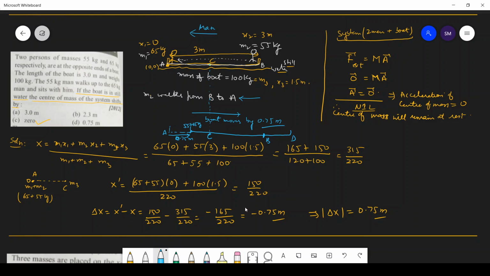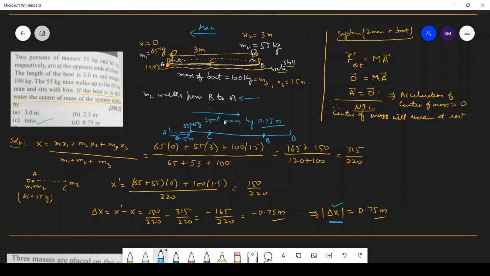So have you understood the concept, students? I have solved this part just to make this concept clear to you. See, this 0.75 is simply the displacement.